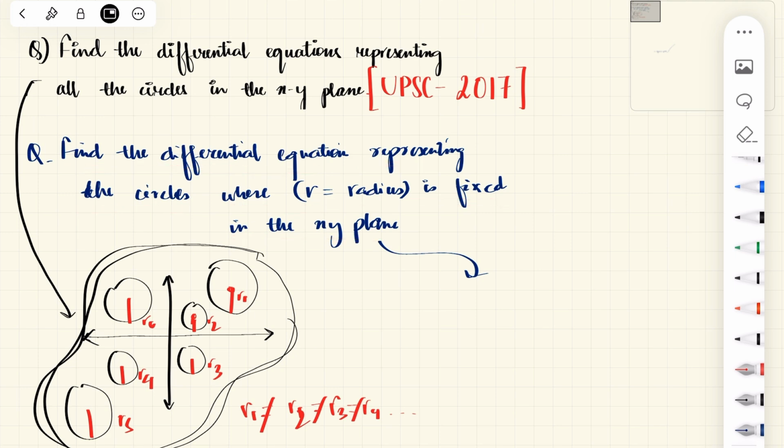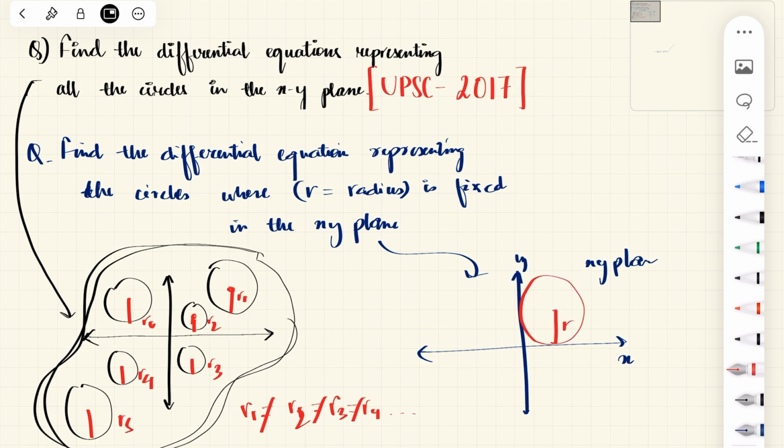What is the meaning of this? Let's say this is the xy plane. Here I'll take a fixed radius, this is only r. It's fixed. Sorry, this is the radius. So this radius forms a circle, and we have a center.